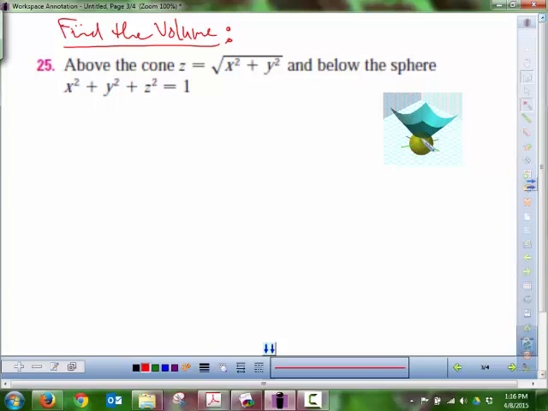And so what I want to do is I want to just focus on above the cone and below the sphere. So the sphere might go all the way around, but this is really what I want to look at.